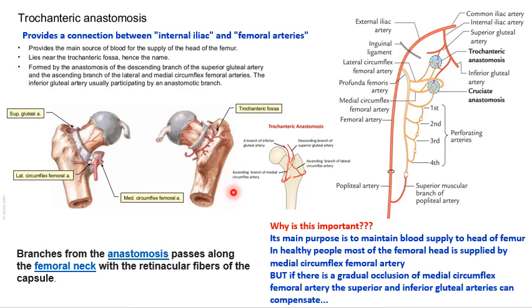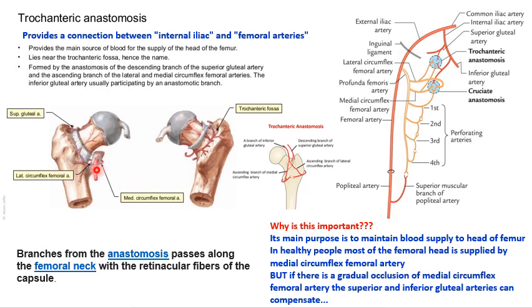So why is this trochanteric anastomosis important? As we have been saying, its main purpose is to maintain blood supply to the head of the femur. In healthy people, most of the femoral head is supplied by the medial circumflex femoral artery.